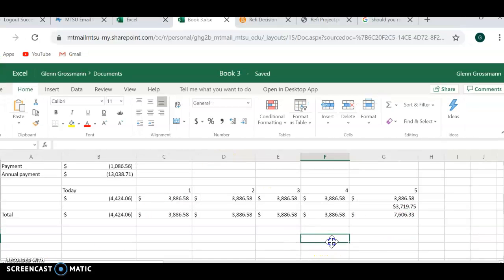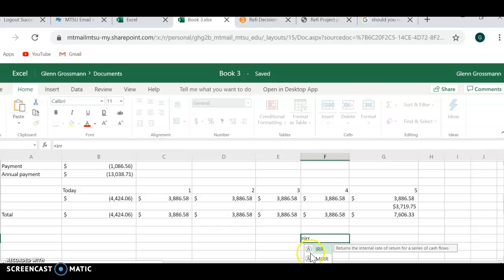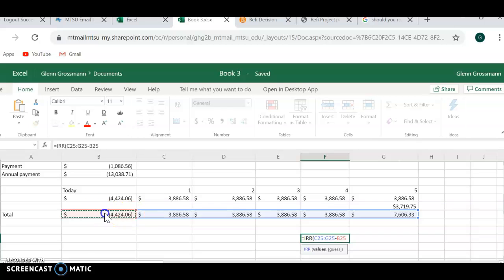Okay, so we'll come down here like Dr. Seagraves had mentioned in the video, and we'll do our IRR. And the way we'll do that is we will take all of our current cash flows and then subtract them by this.